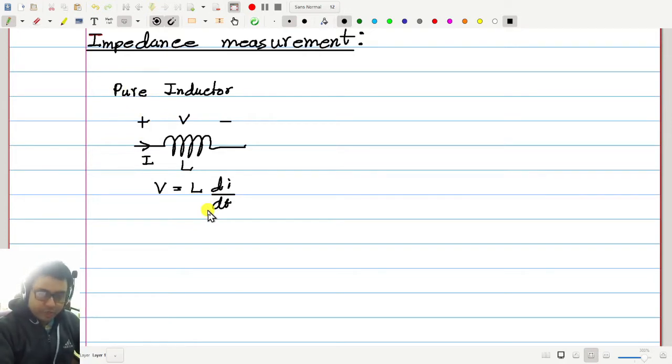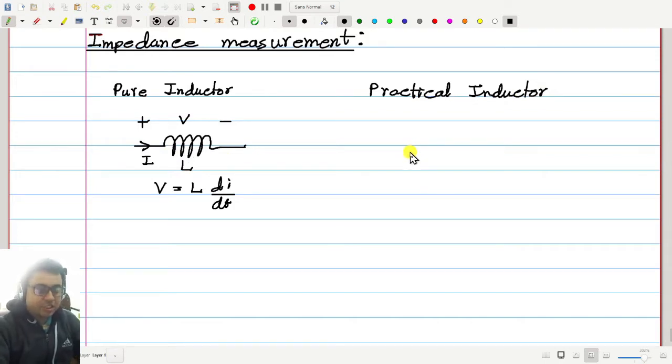We do not have superconductors in practice, and therefore a practical inductor will also have some resistance in series with the inductance. That resistance is nothing but the resistance of the coil or the conductor, which may be the copper.